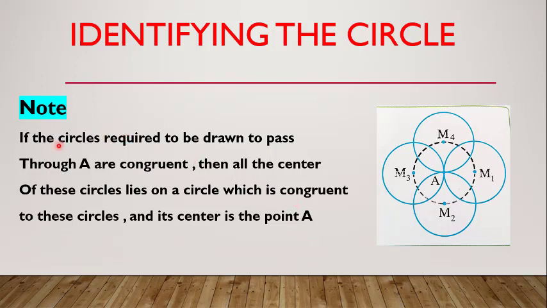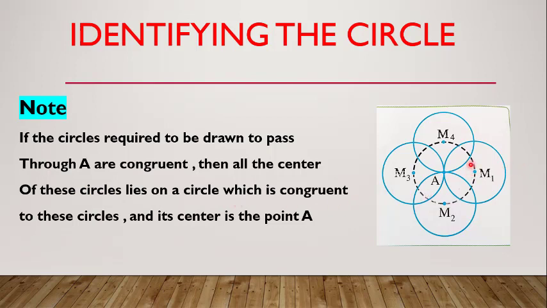Okay. If the circles required to pass through A are congruent, what do I mean by congruent? It means that they have the same radius. In this case, the centers of the circles lie on a circle.